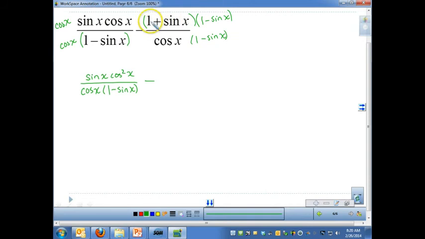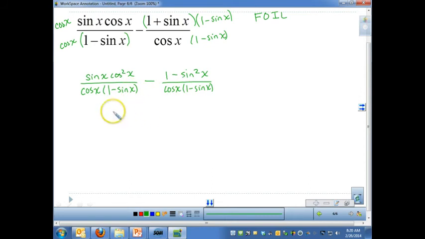Over here, I have 1 plus sine of x times 1 minus sine of x, so just don't forget to FOIL. That's the key here. So 1 times 1 is 1. I would have minus sine of x plus sine of x, so that cancels. And then I would have negative sine squared of x. Again, the denominator is cosine of x times 1 minus sine of x.